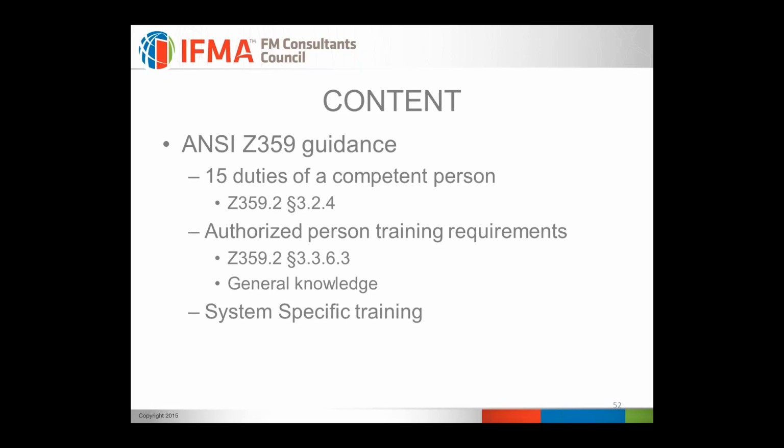Any training that you are considering really ought to address each of those 15 duties, and if it doesn't, then I would say it's not quite up to the level that you ought to be striving for. Same thing for an authorized person. The ANSI standard does give some description of what should be part of an authorized person training course.